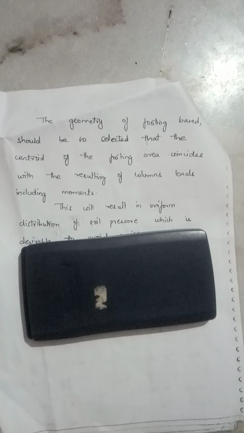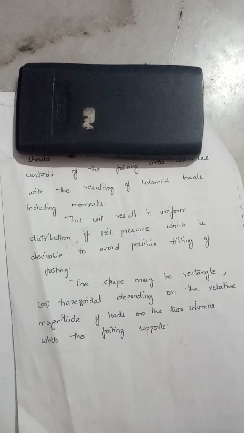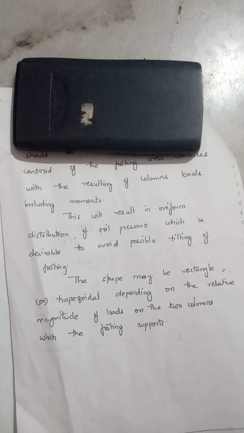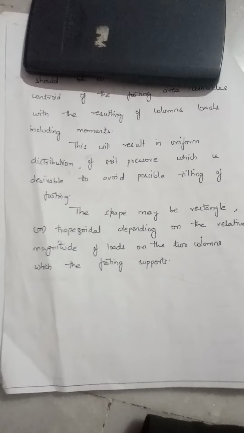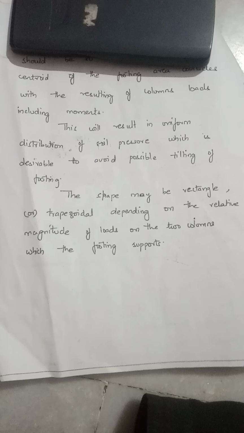Inshallah, you all will understand it later when we will be doing a problem. This will result in uniform distribution of soil pressure, which is desirable to avoid possible tilting of footing. So because of this, there won't be tilting of footing if the centroid and the resultant of column loads coincide.